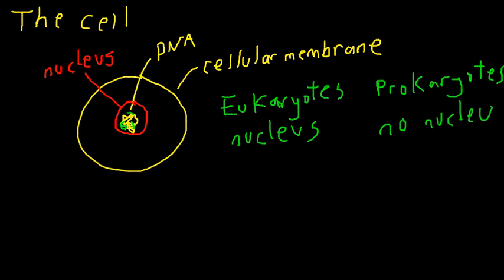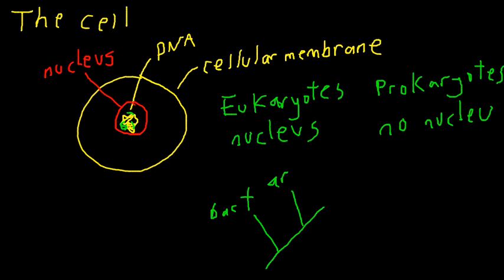There are two categories of prokaryotes. They can be either bacteria or archaea. But now, it turns out that this is not actually the best way to classify organisms. If we were to draw a phylogenetic tree, which I'm going to do right here, we would see that bacteria actually branches off first.